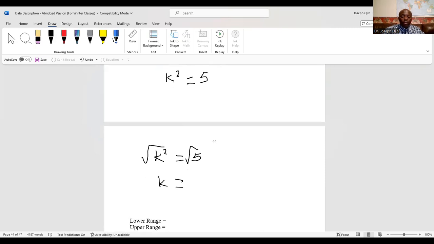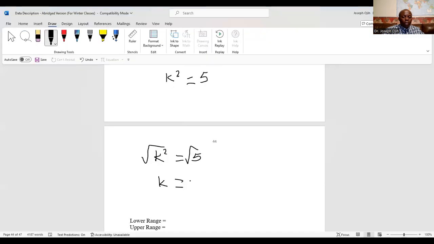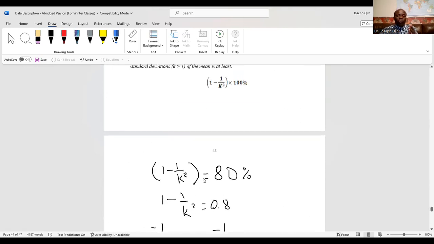The square root of 5 is 2.24. Okay. So once we get our k, we can now use it to answer the question, because all the things we did was to find the k.